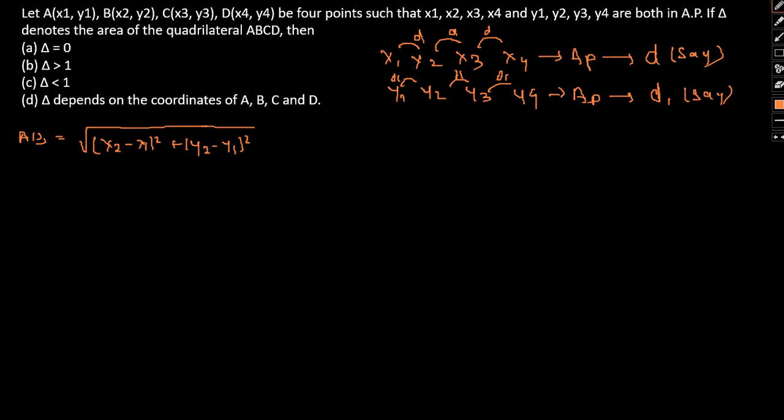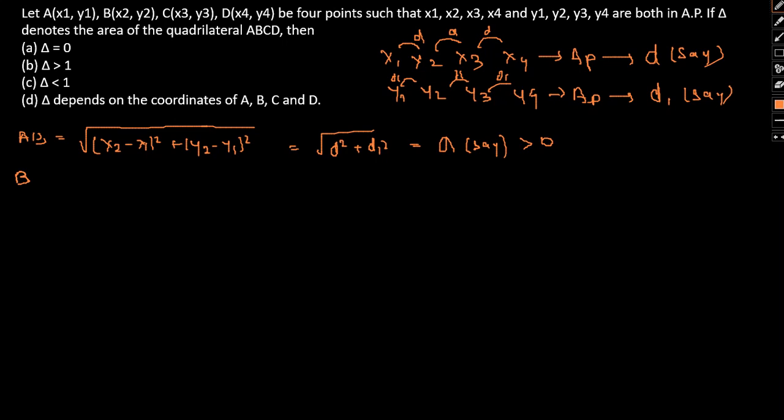So what we can actually get is D square plus D1 square. So this is what we have. Let this value be A, and I'm assuming that this A is greater than 0.